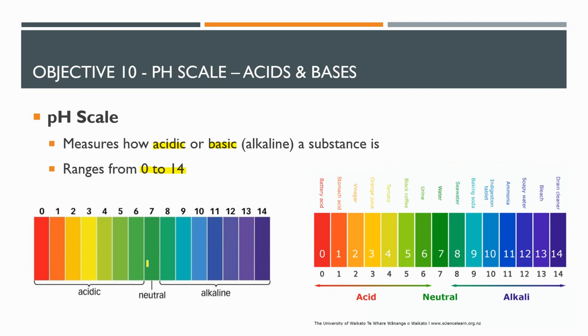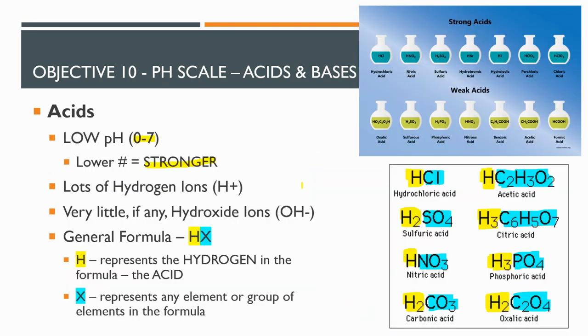So here's neutral, where it's neither an acid nor a base. If I start going this direction, I'm getting more and more acidic. Okay, so the lower the number you see, the stronger the acid is. The same will be true for the bases. The further away you get from neutral, the stronger that acid or base is going to be. But acids are going to be on the lower end, and once again, lower equals stronger.